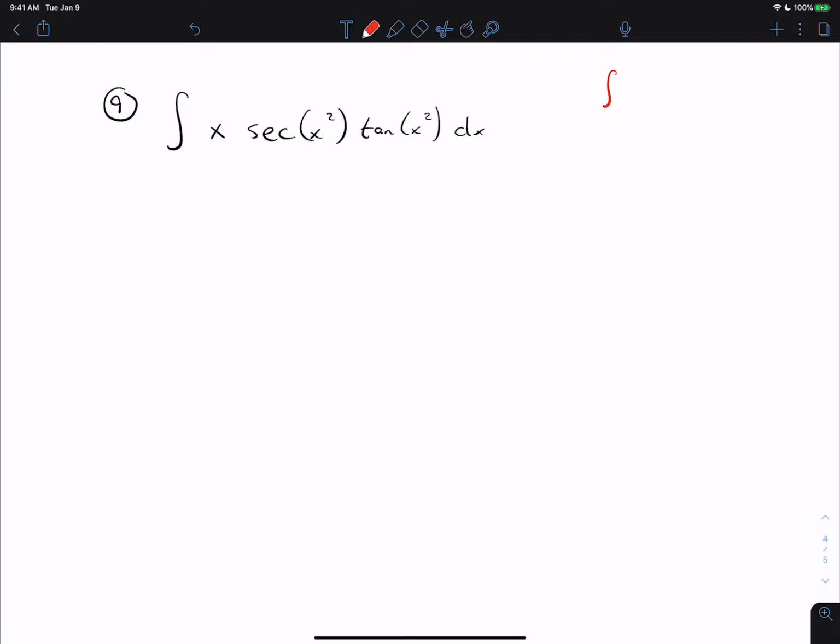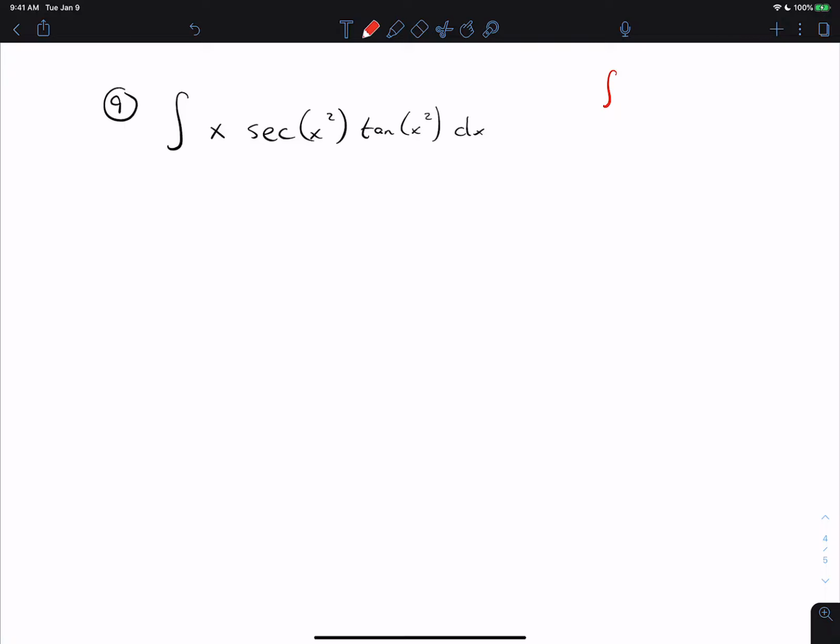That means that u is going to equal x squared. And so then du is 2x dx. So we put secant x squared tangent x squared at the beginning of the problem. And we move the x next to the dx.